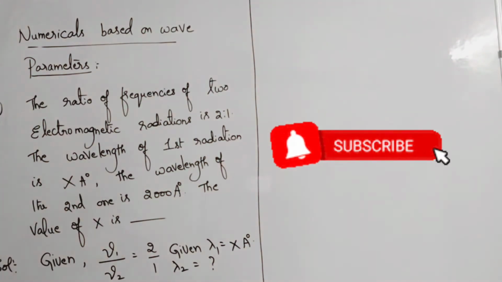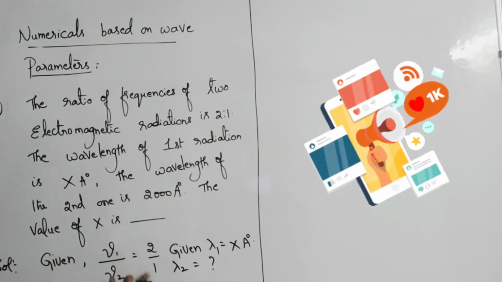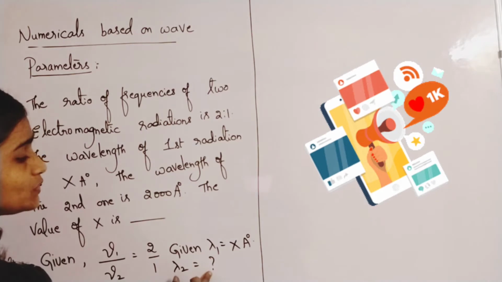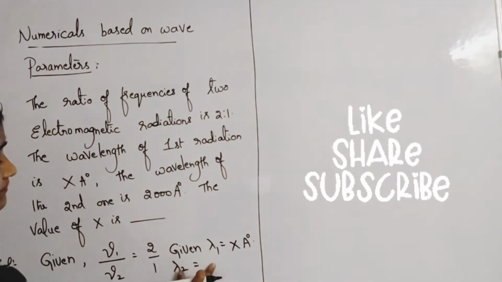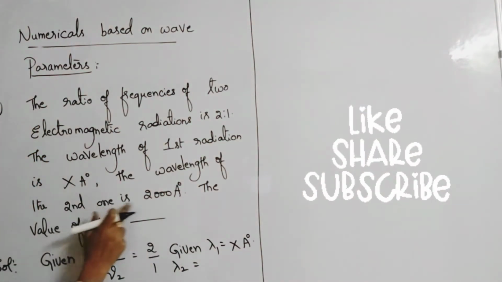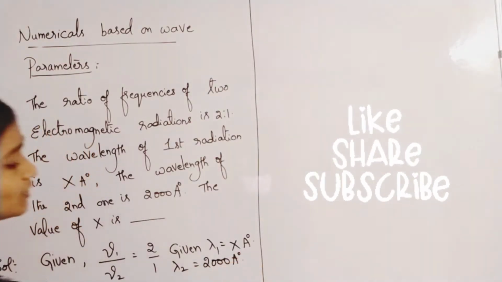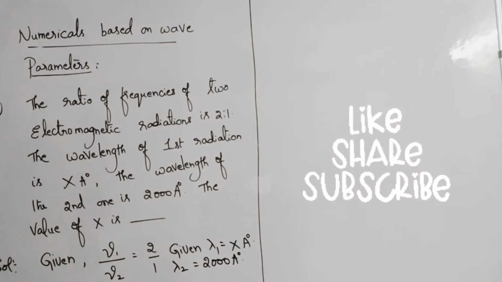Please understand the points carefully. Nu 1 by nu 2 is 2:1, lambda 1 is X angstroms, lambda 2 is given as 2000 angstroms. We have to find the value of X.